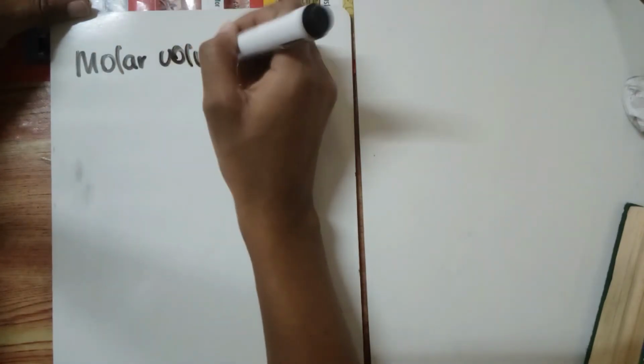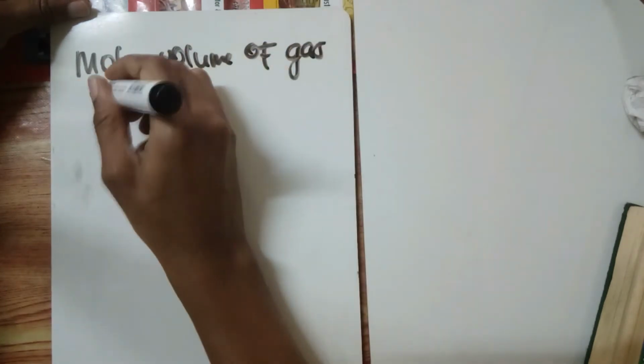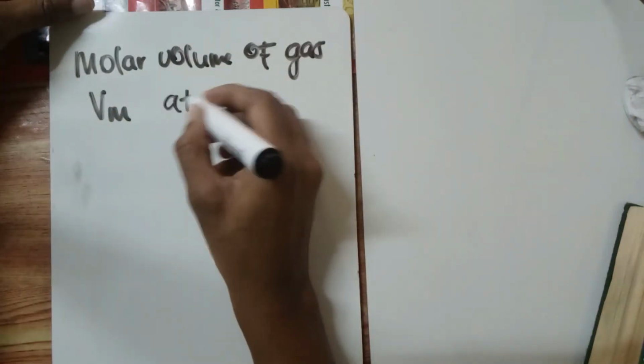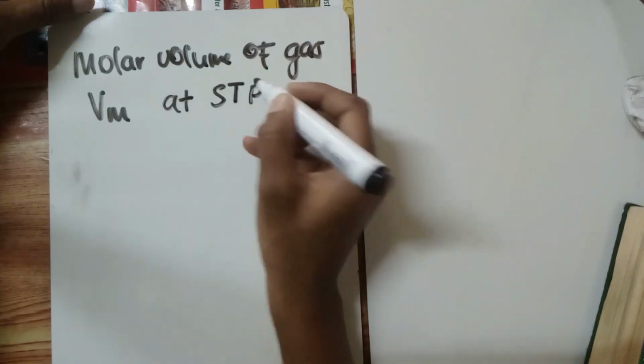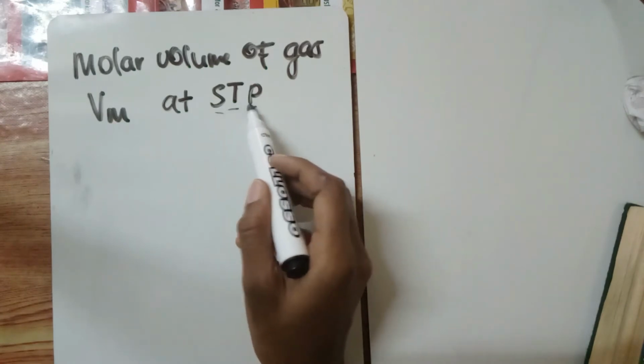Molar volume of a gas, and let's say we call that Vm, at STP. Everyone is familiar with this. This is standard temperature and pressure.